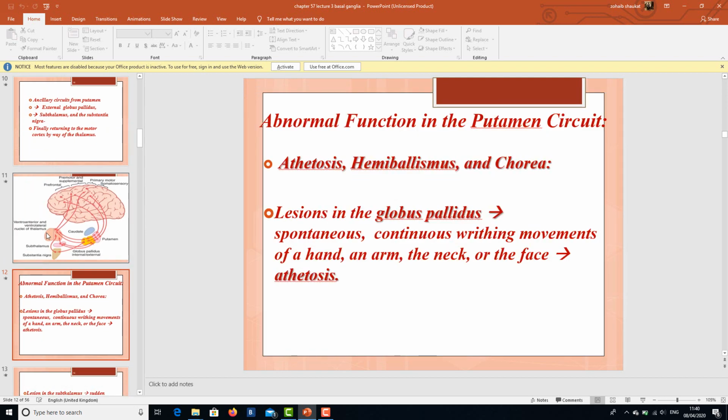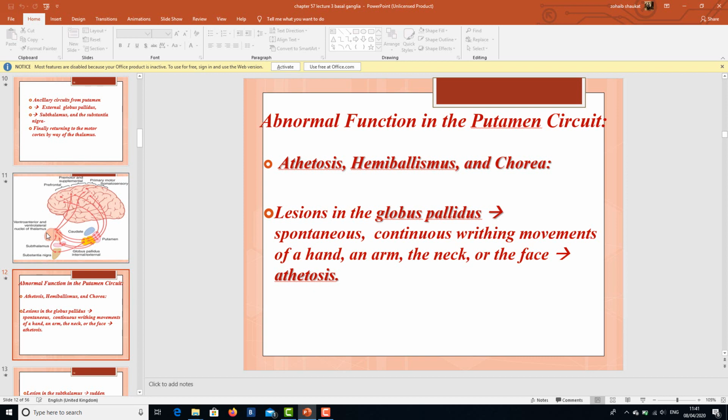Now, if there is abnormal functioning of the putamen circuit, what will happen to an individual? You can see that there is athetosis, hemiballismus, and chorea.